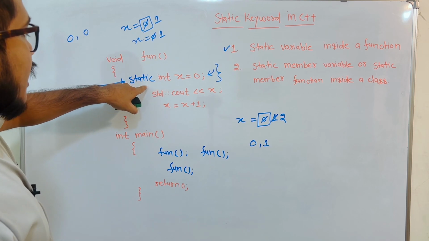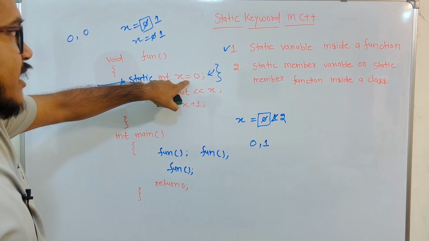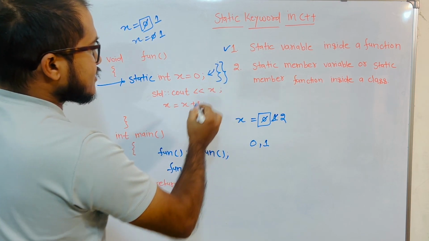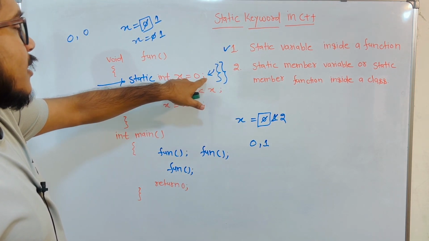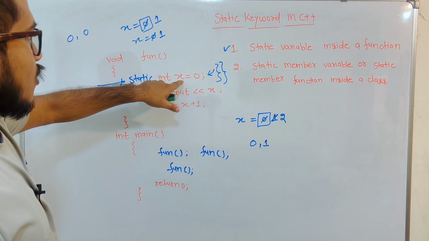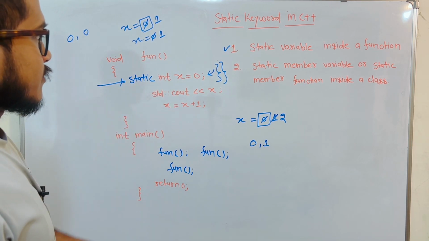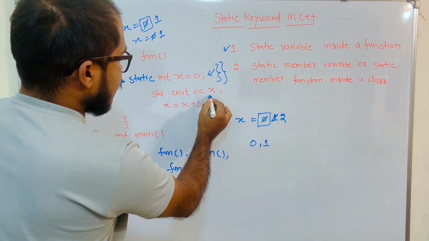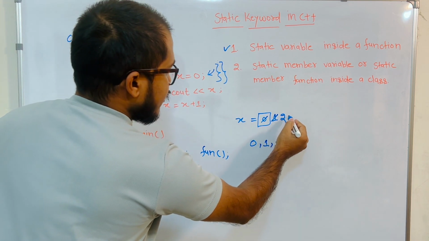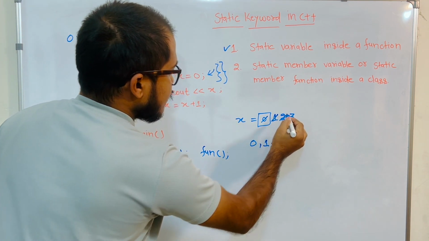Then again I will avoid reinitializing x equal to 0. You can consider this as a skip statement, that is, our compiler is not going to execute this particular line again. So again I will print the output x, that is 2, and again I will increase the value, to 3.